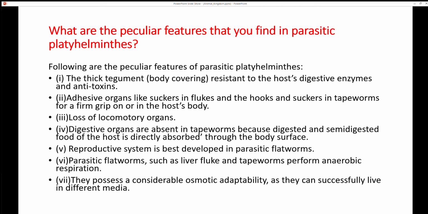The reproductive system is best developed in parasitic platyhelminthes. Parasitic platyhelminthes such as liver fluke and tapeworms perform anaerobic respiration. They possess considerable osmotic adaptability as they can successfully live in different media.